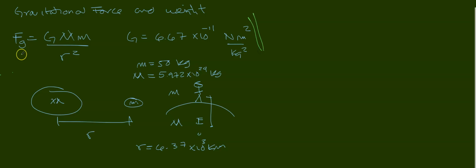Okay, so let's use this equation and find the gravitational force, which is also your weight, the weight of this person, and it's going to be G. So we're going to plug in all the numbers. 6.67 times 10 to the minus 11. Notice how small the constant is, to the negative 11. Times one of the masses, the mass of the Earth, 5.972 times 10 to the 24 kilograms.